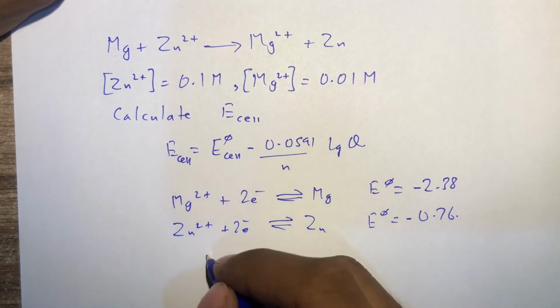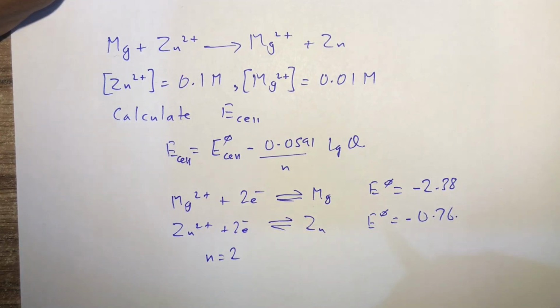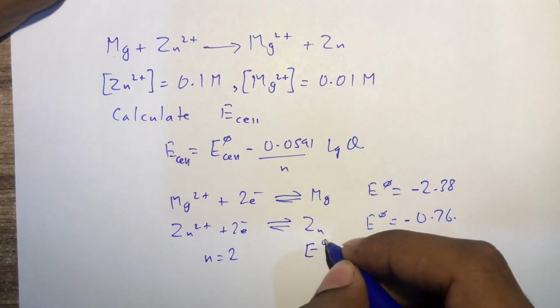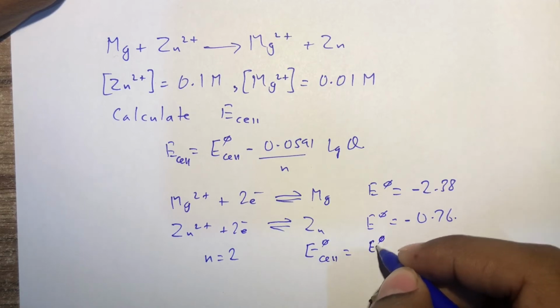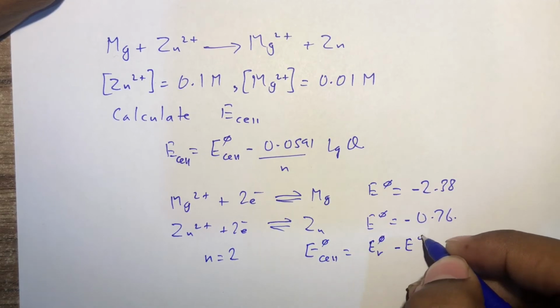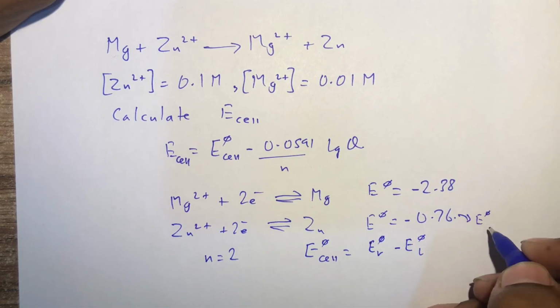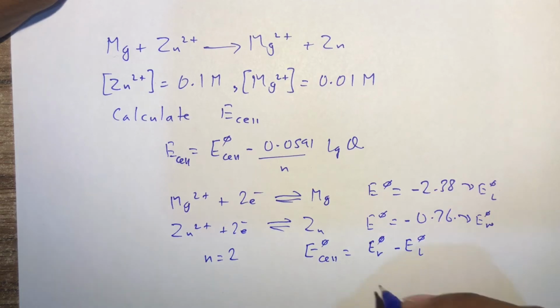So the value of n will be 2 because there are 2 electrons, they'll get cancelled out. Then for E naught cell, the formula is E naught right minus E naught left. This is E naught right because it's less negative. This is E naught left.